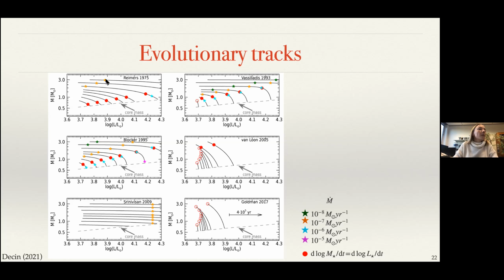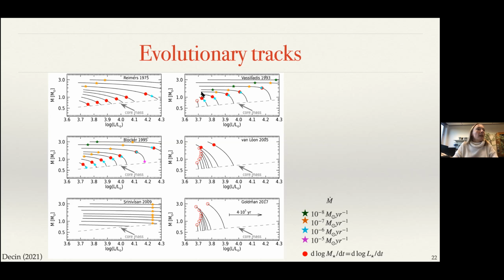The stars just indicate the mass loss rate at that stage. I've indicated in green when a mass loss rate of 10 to the minus 8 solar masses per year is reached, then yellow 10 to the minus 7, and so on. And the full red dots are where you change from the nuclear burning rate regime towards a regime where the wind mass loss rate is more dominant.